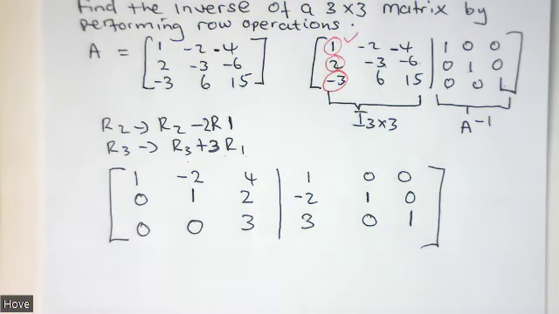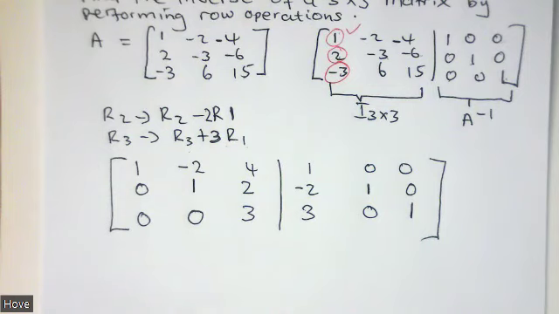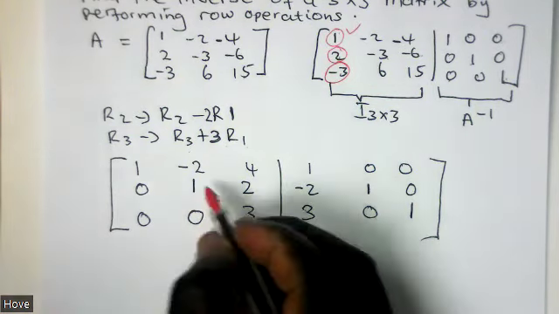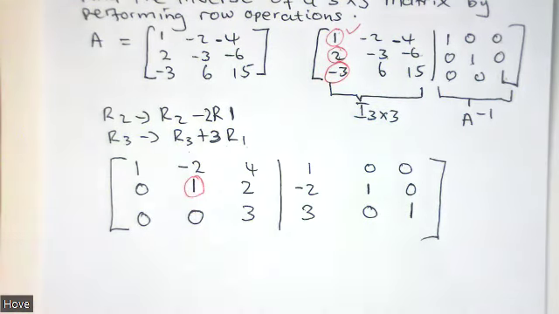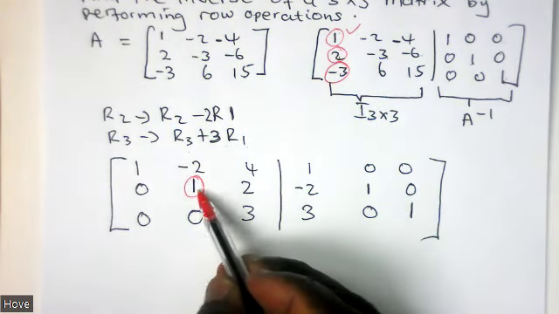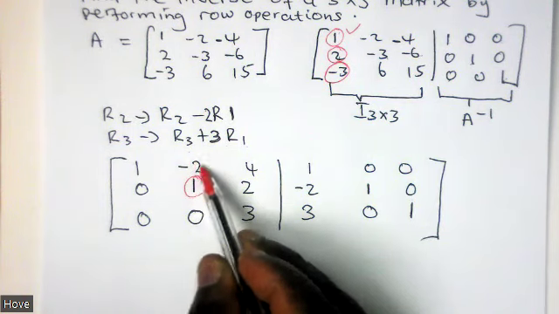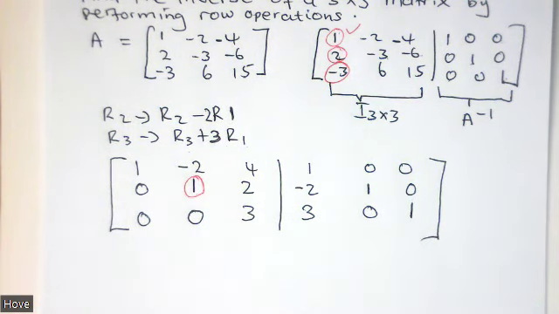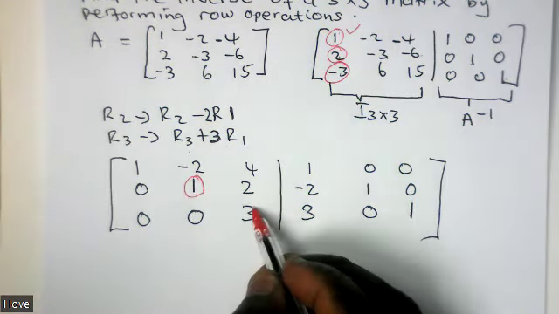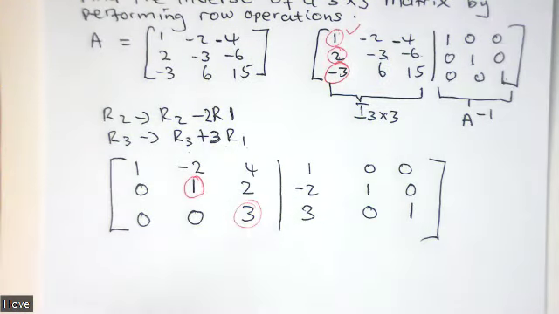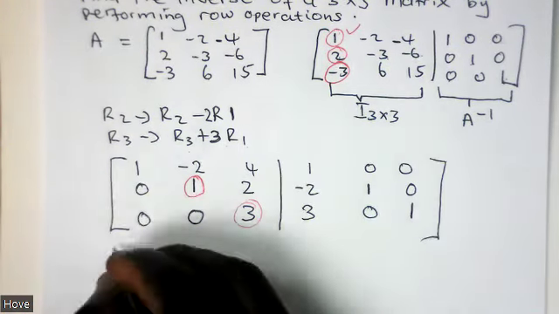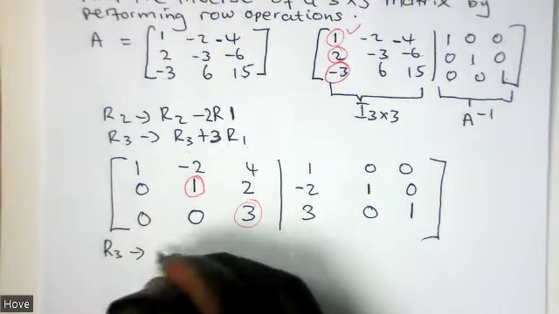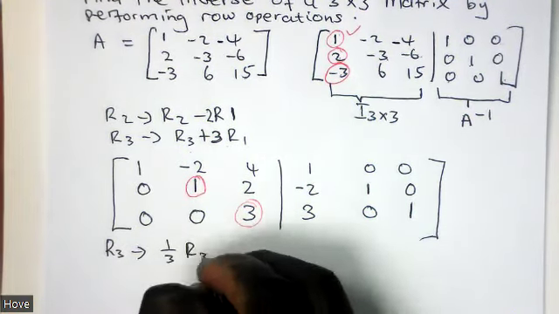Right. So for the next step, you can see we already have a pivot 1 here, which is what we want. We want to use this 1 to create a 0 here, but here we already have a 0. Equally, we want a 1 here, so I can quickly perform row 3 goes to 1 over 3 row 3.